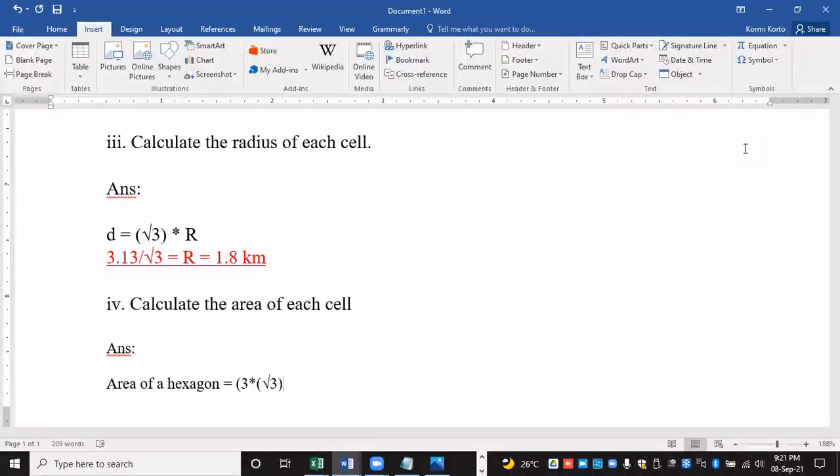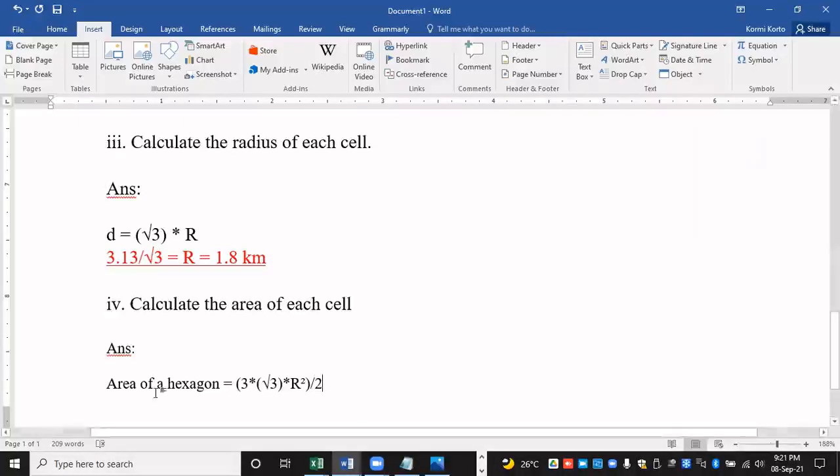Times the radius squared, by the way, so let's introduce a square over there. And all of this divided by 2.